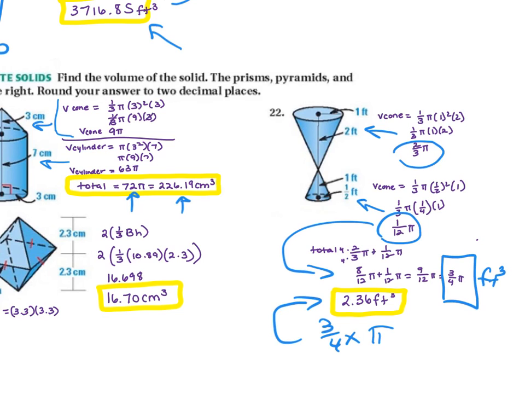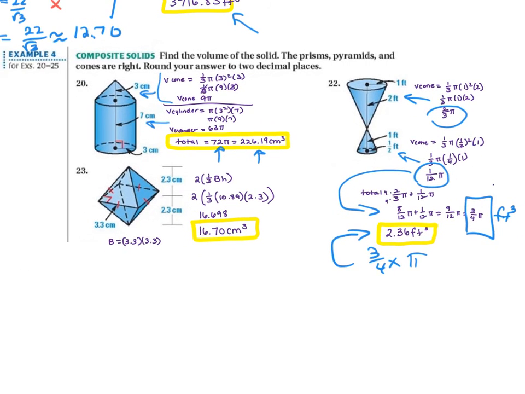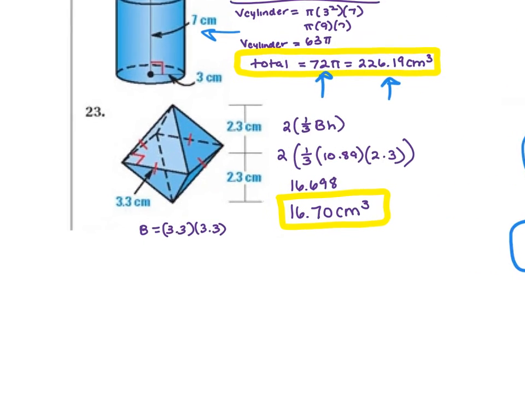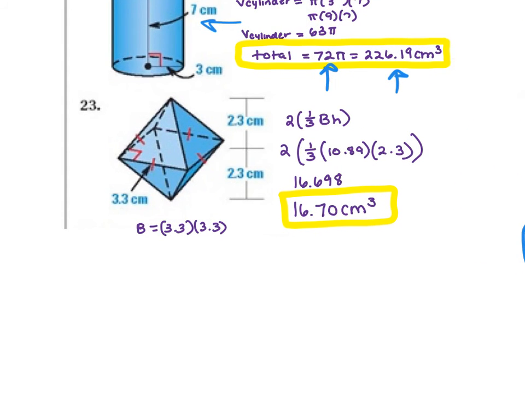And then the last one, number 23, we have two pyramids, and they're actually congruent pyramids. So once we go ahead and find the area of the base, which is a square, so 3.3 times 3.3, and that gives me 10.89.